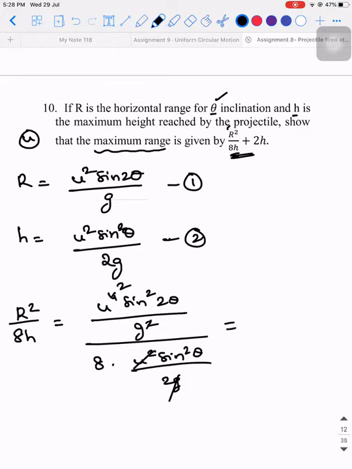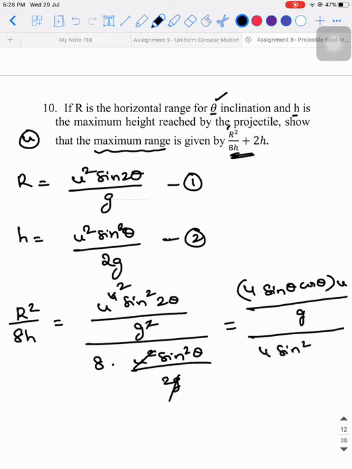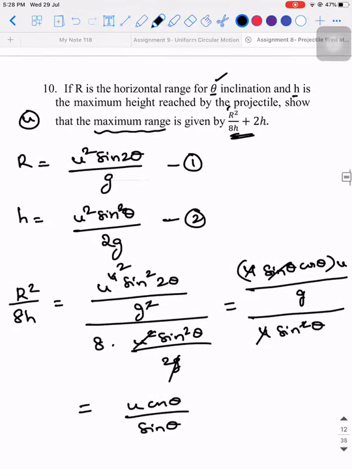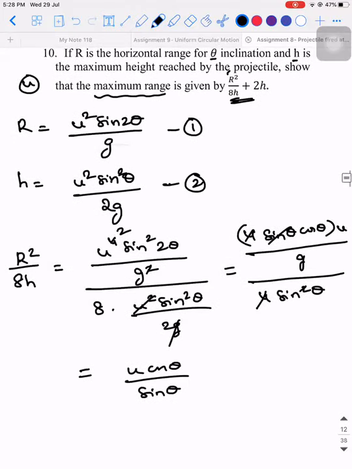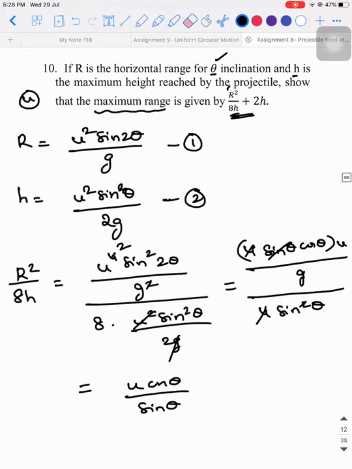So sine square 2 theta means it is 4 sine square theta cos square theta into u square, the whole divided by g, the whole divided by 4 sine square theta. So 4 and 4 are gone.